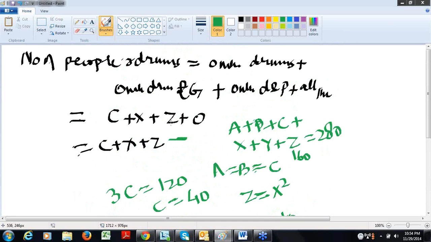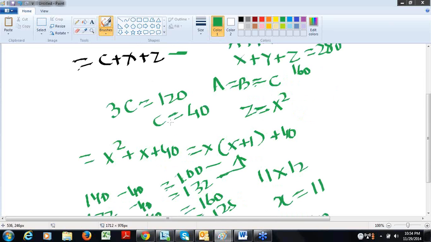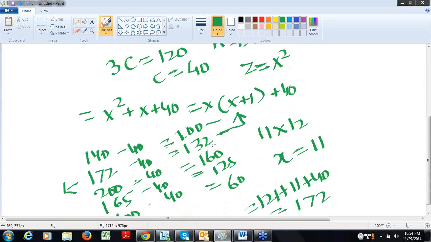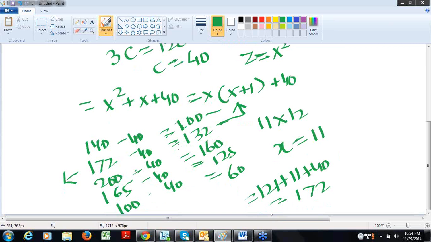Only 132 means 172 will satisfy. So 11 into 12, so X will come out to be 11. Now put this value in this equation. We will get 172, which means option number 2. We can go ahead and mark option number 2 easily if we have got 11 into 12. Also just check once you have got X that P is greater than Q is greater than R with this value of X.